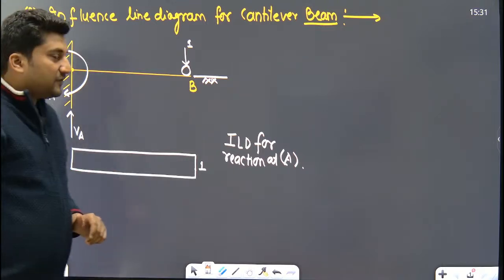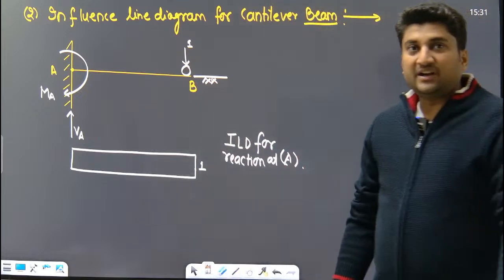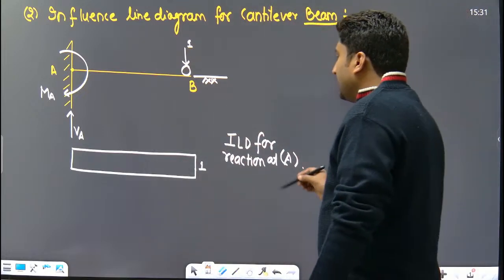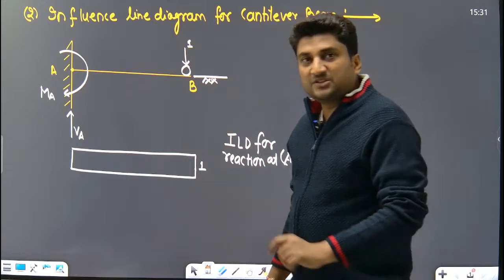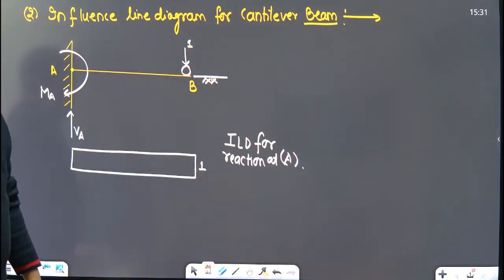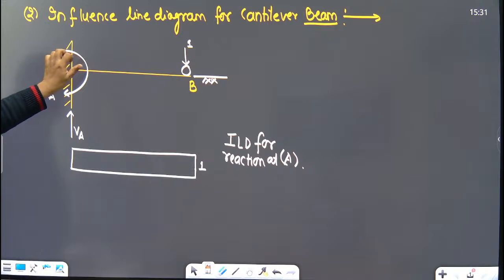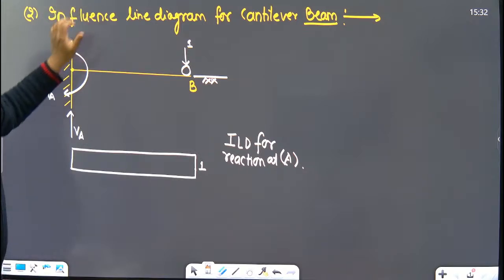Now look very carefully. Moving ahead, what is the shortcut? The shortcut is given by the Mueller-Breslau principle. The Mueller-Breslau principle states that the shortcut to draw the influence line diagram for a cantilever beam is: without releasing the fixed end moment, remove the support and lift the beam by 1 unit.